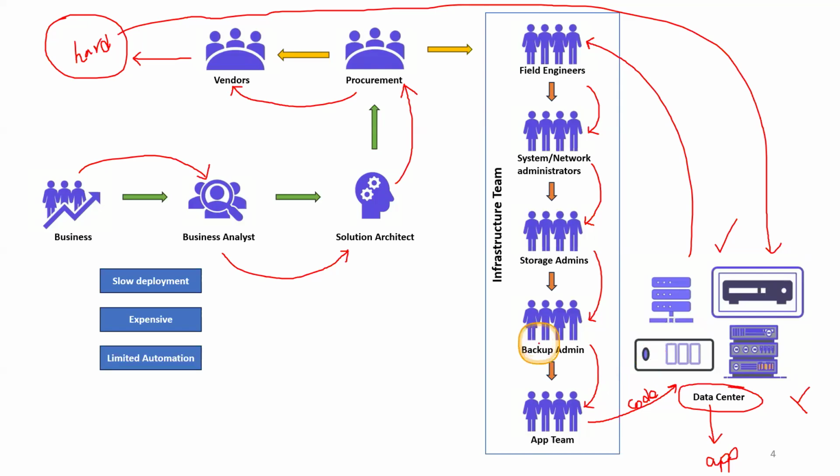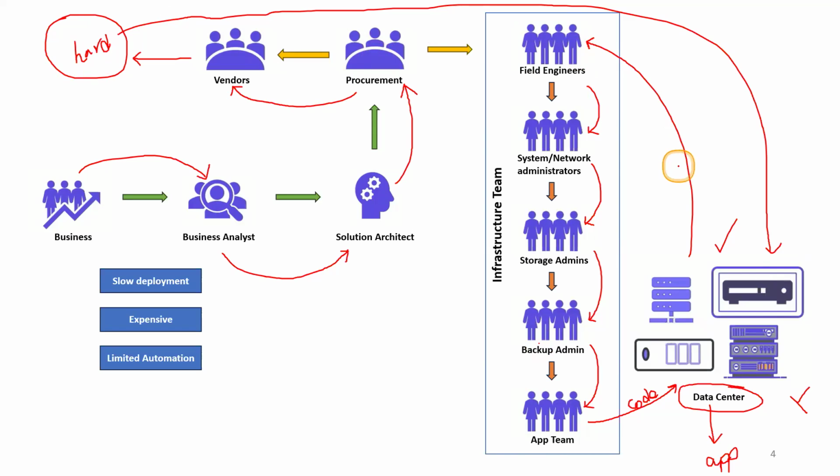with so many teams working on different activities, some of the activities can be automated, but most of the activities cannot be automated at all. Look at here, the work that the field engineers are doing cannot be automated. The rack and stack cannot be automated, right? Similarly, the procurement team, vendors team, hardware purchasing and delivering, these things cannot be automated.